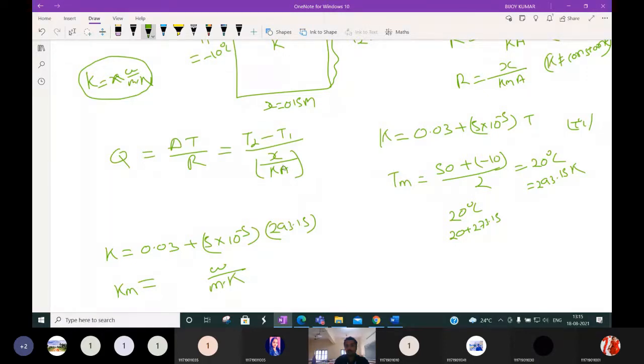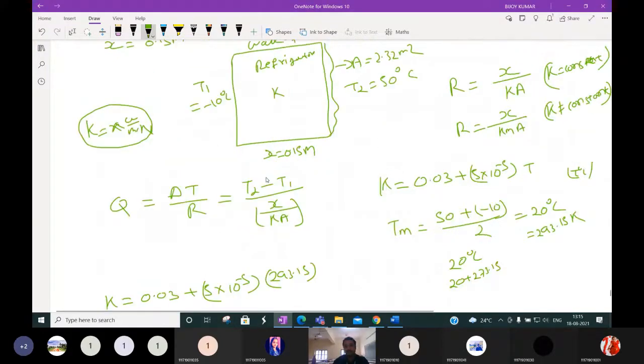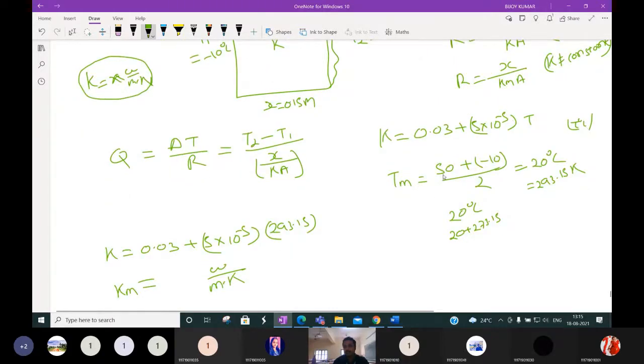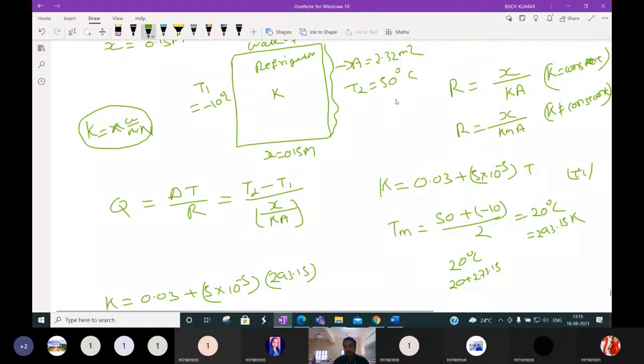If the K value was directly given, we could put the direct value. But here the K value was not given; it was given that K changes with temperature, and the surface temperatures are given.